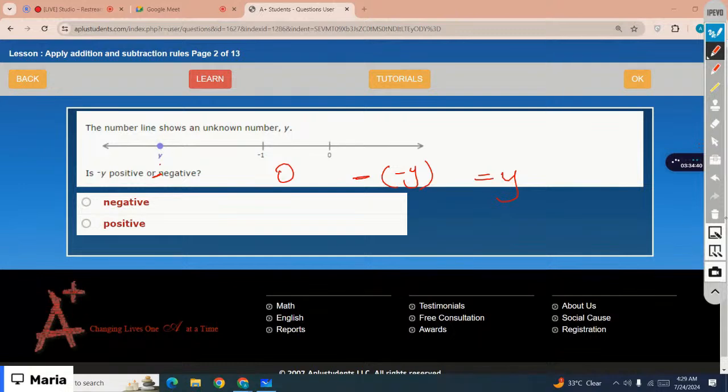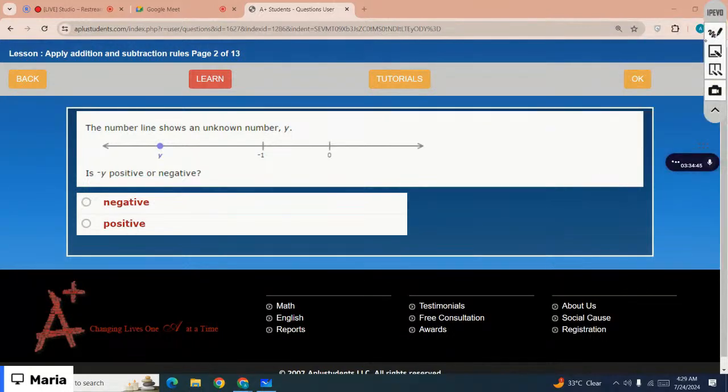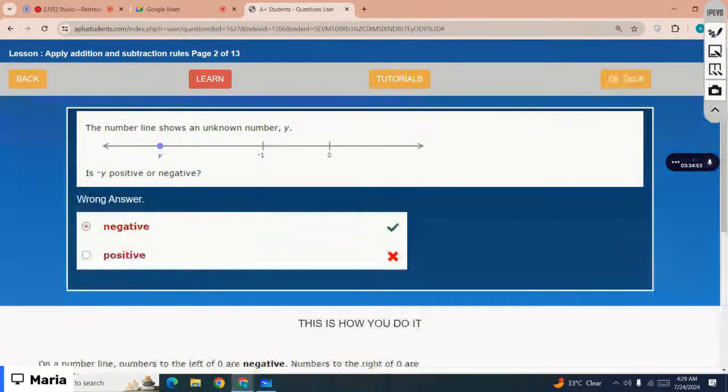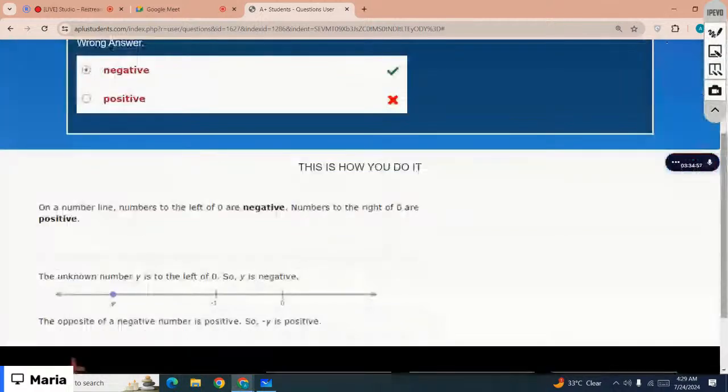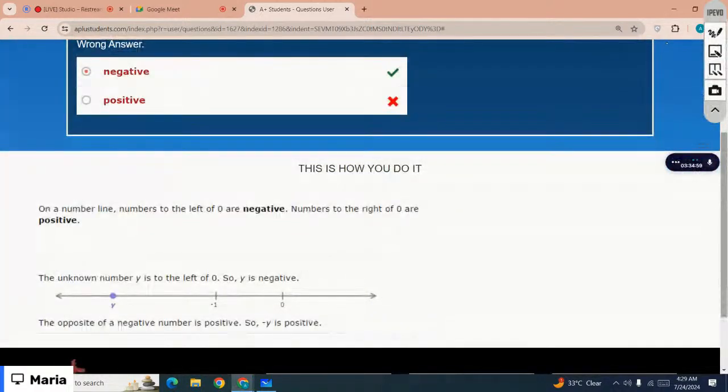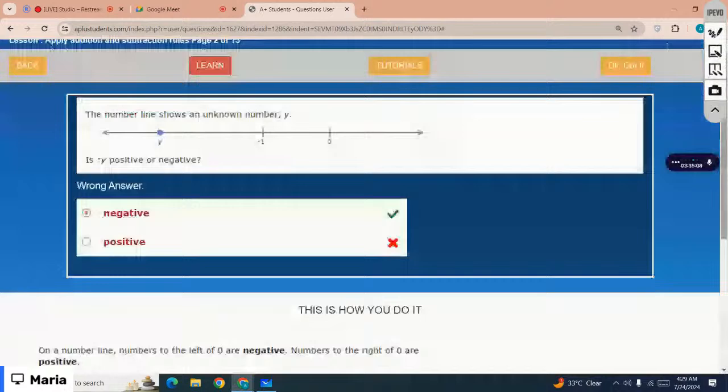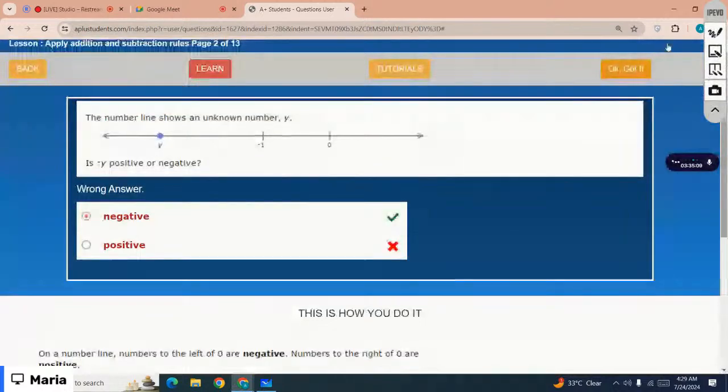The correct option is positive. Option number 2 is the correct option, right? But here you have negative y. Yes, but negative y is positive. What's wrong with the options? That is positive, not negative, right?